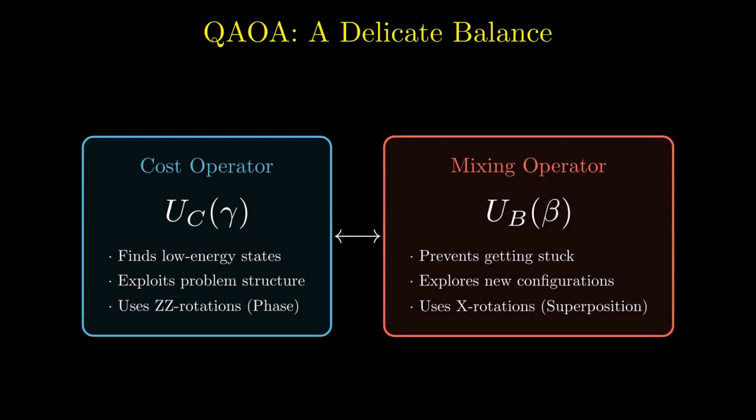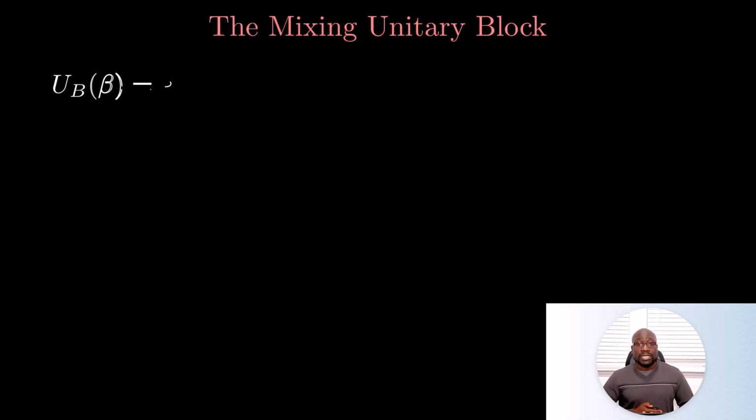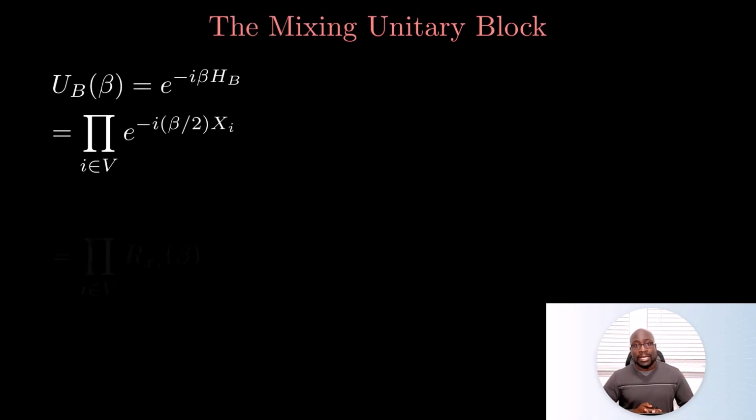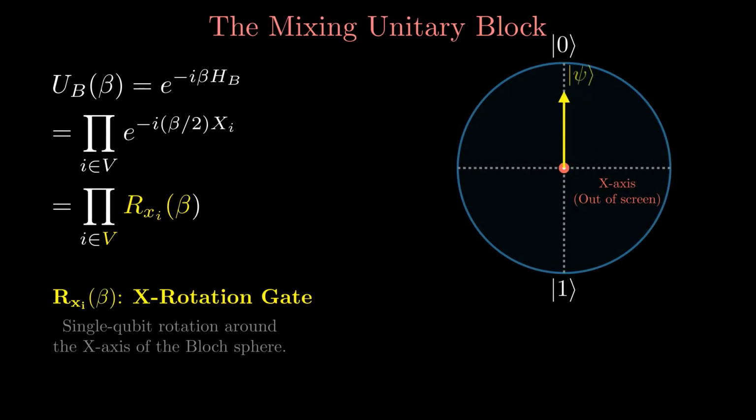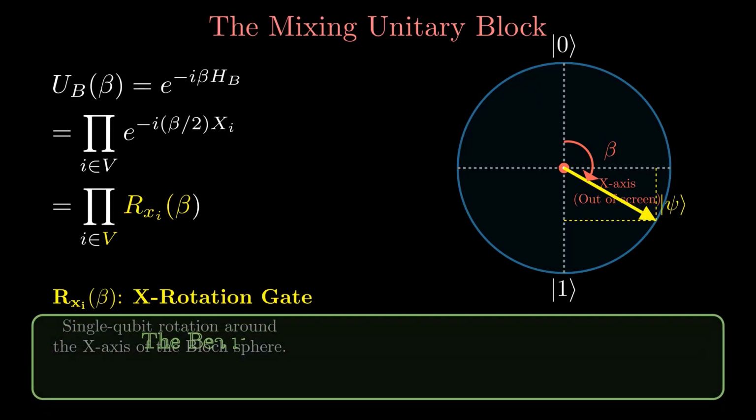It explores new possibilities. The unitary block UB of beta is given by this, where the product runs over all vertices i element of V. Here, RX of i beta is an X rotation gate acting on the qubit i. This is a single qubit rotation around the x-axis of the Bloch sphere. The X rotation gate has a beautiful property.